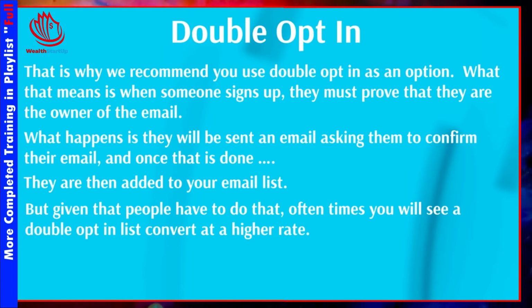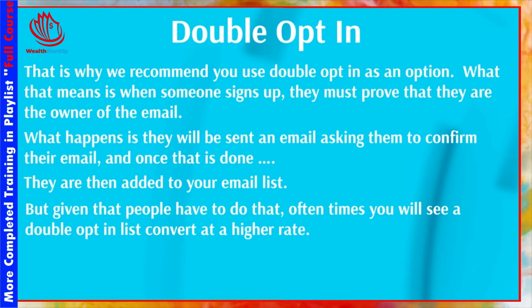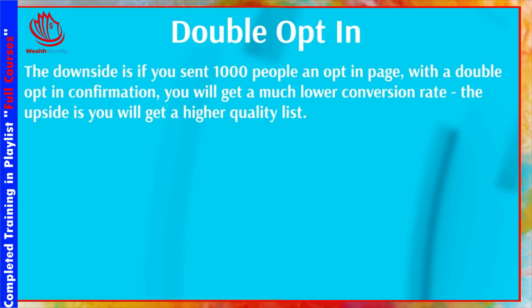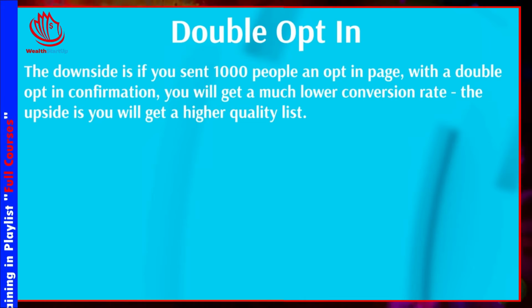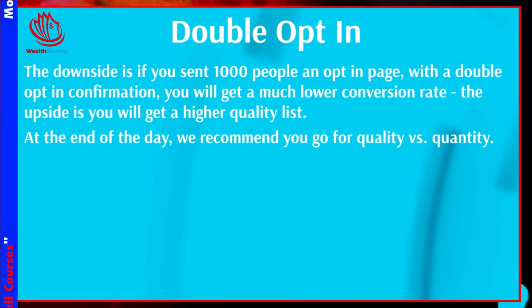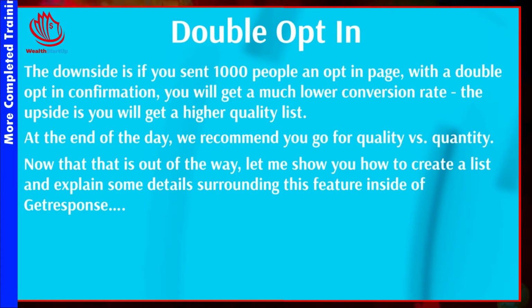So that's why we found in our tests that you will actually get a higher rate of opens, a higher click-through rate. Like I said earlier, the downside is if you send 1,000 people to an opt-in list, that's going to be a much lower conversion rate. But at the end of the day, we recommend that you go for quality versus quantity.